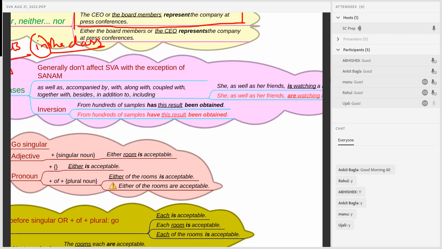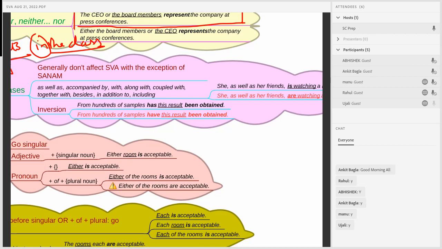Do I need to apply rules to it? The answer is no. In our classes, we consider the word including a preposition. So the bottom line is, whenever you see including in a sentence, you don't have to apply any complicated rules around it. It's just a way of introducing examples. There's nothing extra to be done with this word.